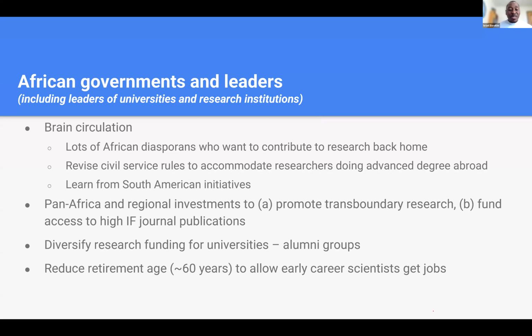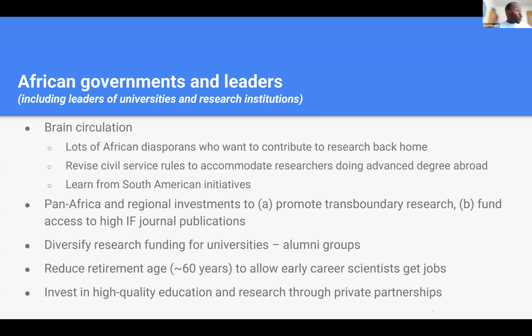But if we reduce the retirement age, they can retire early, go live their life, or start their own local business, and open the door for more early career scientists who have learned new methods and new tools to get jobs. In fact, countries in Africa that have a lower retirement age also have low unemployment rates, because there are more jobs for the younger generation while the older generation retire early.